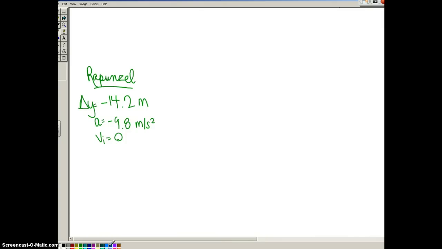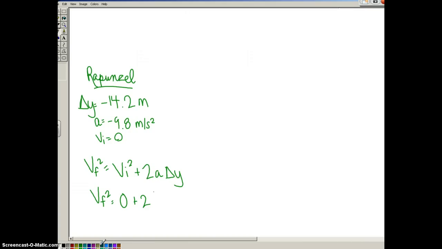Using these values to find the VF, we should be aware that the kinematics equation that we will use is going to be VF squared equals VI squared plus 2A delta Y. And then finally, we'll plug our numbers in, in which VI is 0.